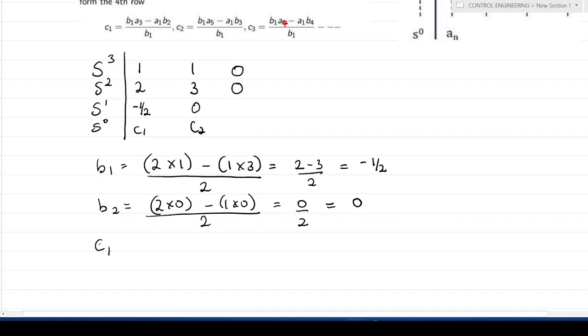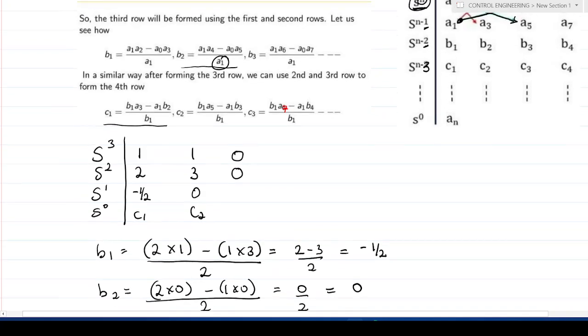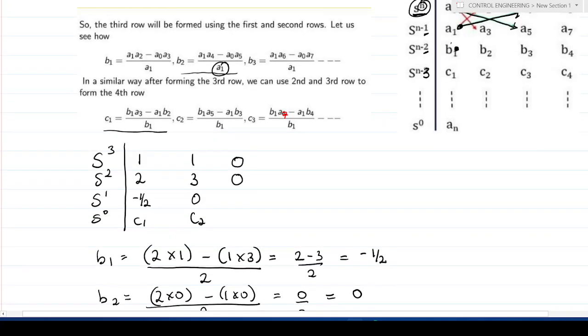Next, let's find c1. c1, as given in this equation, is b1 times a3 minus a1 times b2, all over b1.